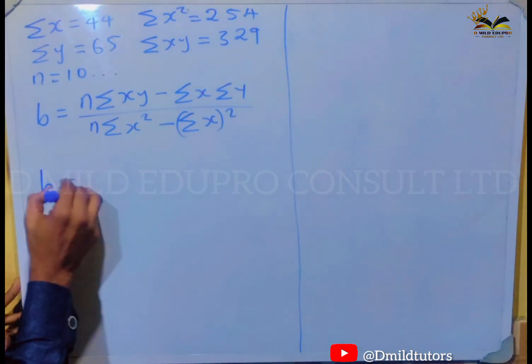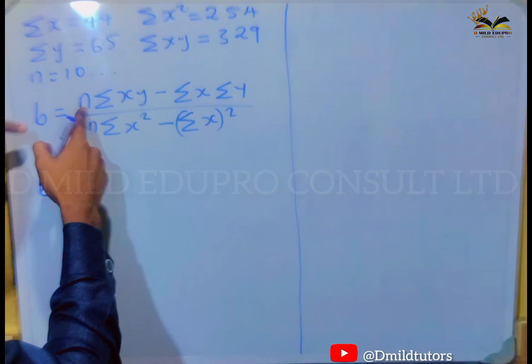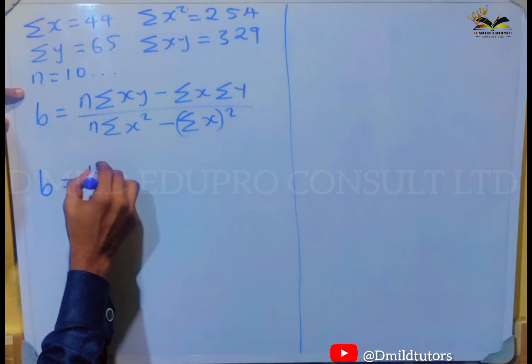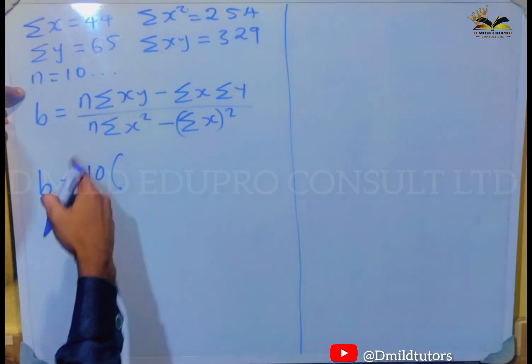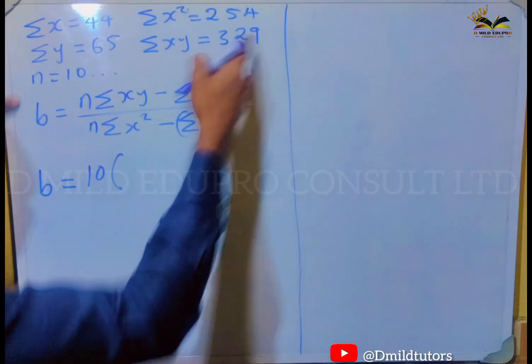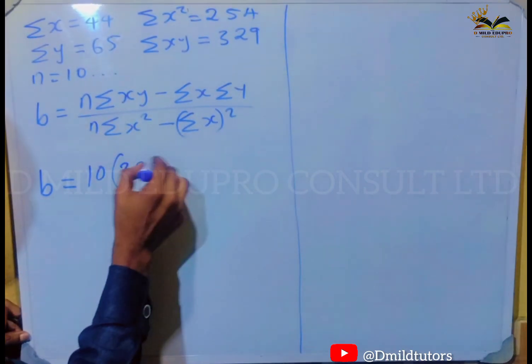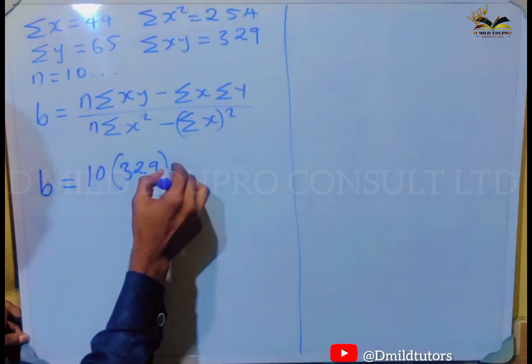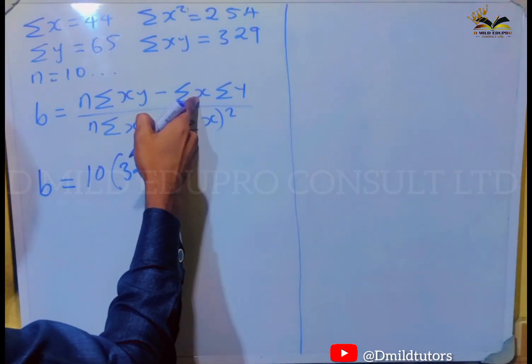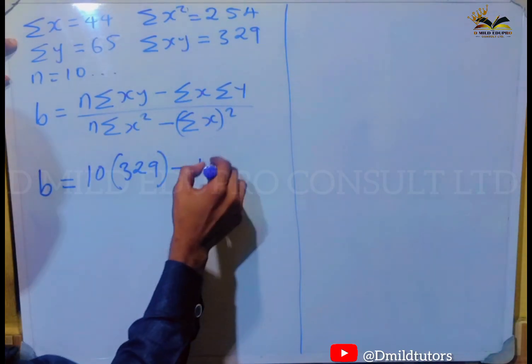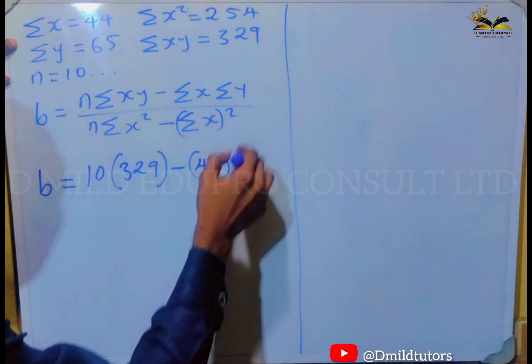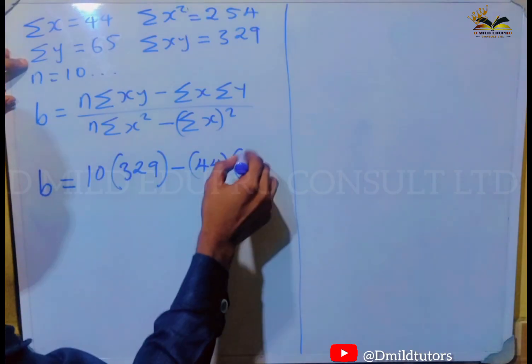So B will be equal to n. Remember, n is 10. You bring out your 10, open a bracket because everything will be here. Then summation xy. So you say it's 329. Your minus sign. Then summation x is 44. Then summation y is 65.